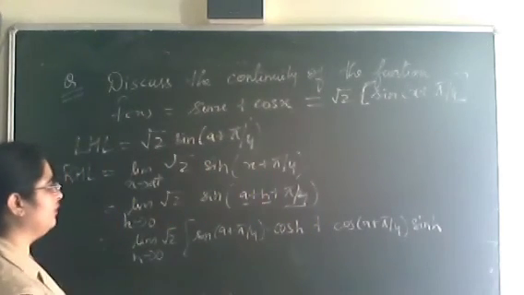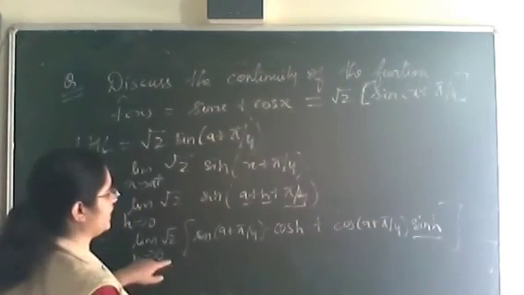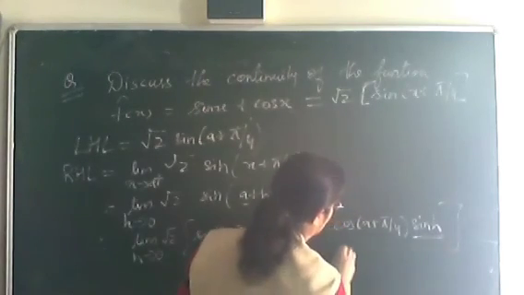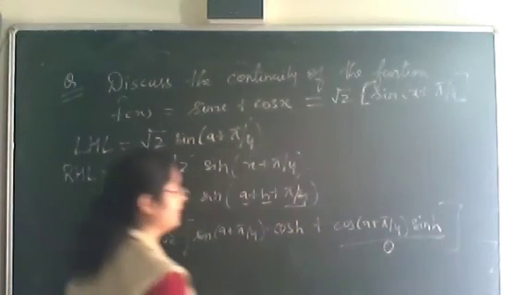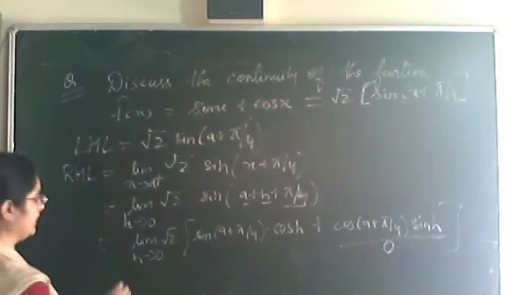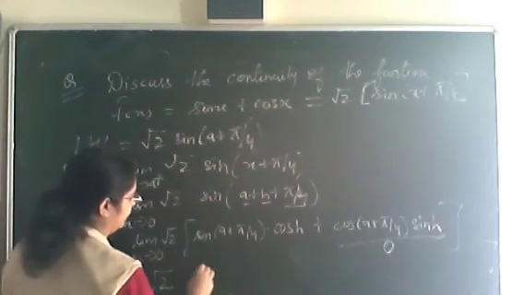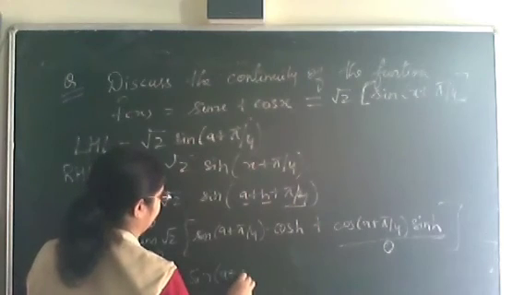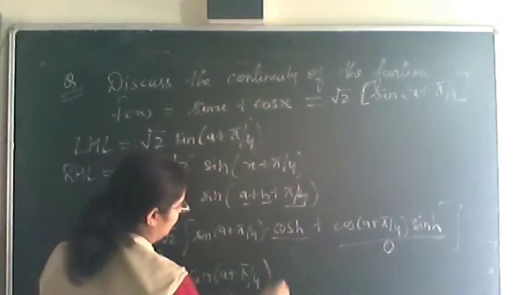Clear? Now what will we get again? If we put h equal to 0, sine 0 will be 0, and 0 multiplied by anything will be 0. So this term will be 0 and we will not consider it. Again, putting root 2, we get sine a plus pi by 4 multiplied by cos 0, which is equal to 1.